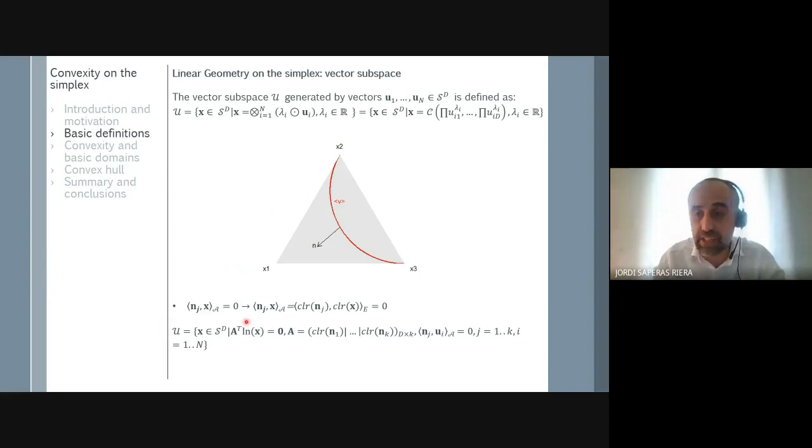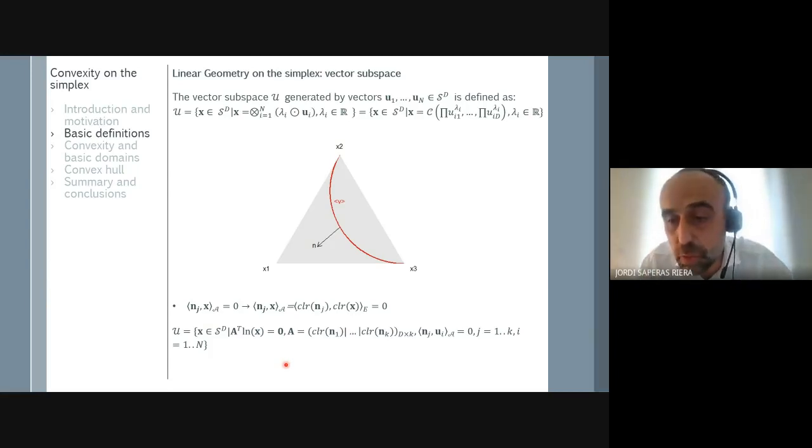When we express the inner product in CLR coordinates, we obtain the characteristic equations of a log contrast. This means an array with total sum equal to 0 multiplied by the logarithm of the vector x.